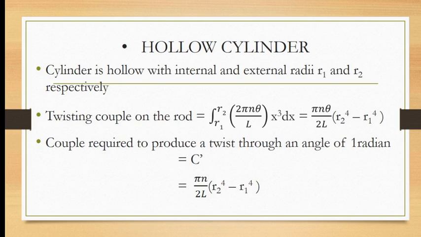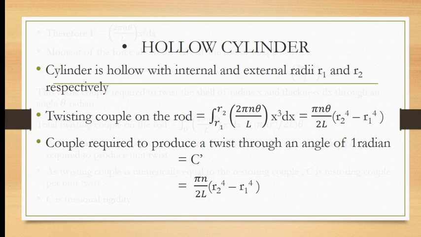Now again we can define C. C is the couple required to produce a unit twist, isn't it? So theta is 1 here. So the expression will be pi n by 12 into R2 raised to 4 minus R1 raised to 4. That is the couple required to produce a unit twist. Here it is denoted as C dash.